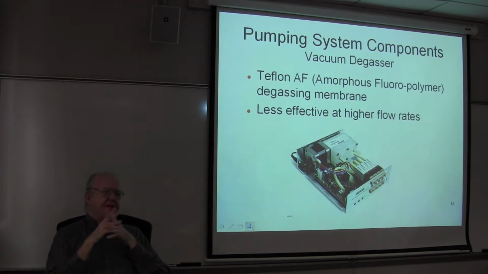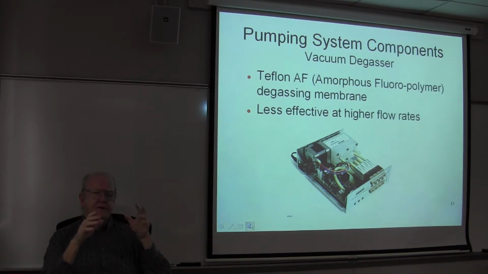One of the dirty secrets of HPLC is that you gotta get the gases that are dissolved in your mobile phase out of the mobile phase. Especially if you're doing gradient dilution work. And the reason is the following. Let's suppose we're mixing water and methanol in a gradient dilution HPLC run.